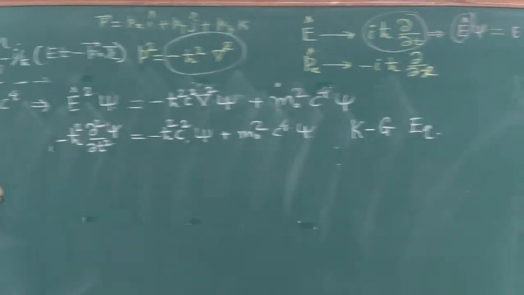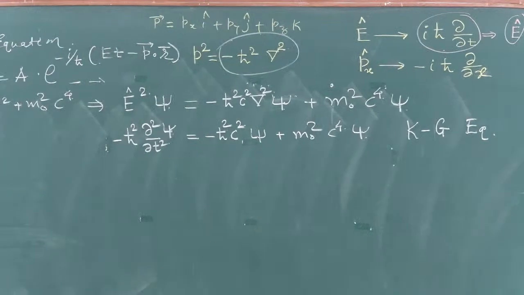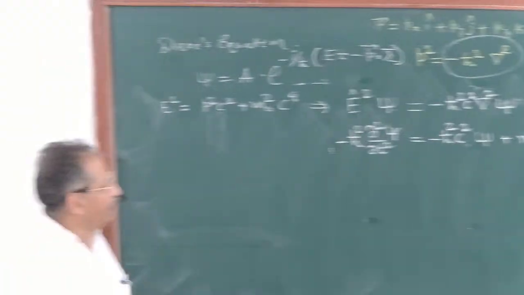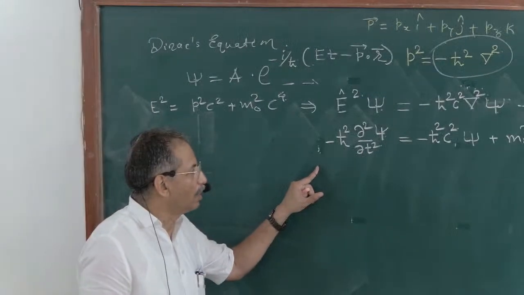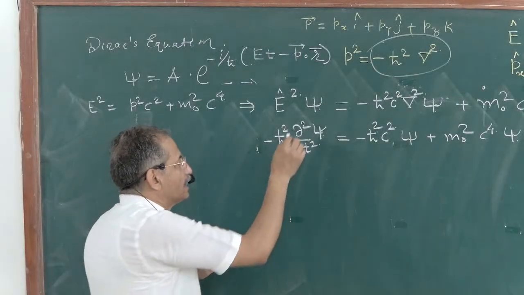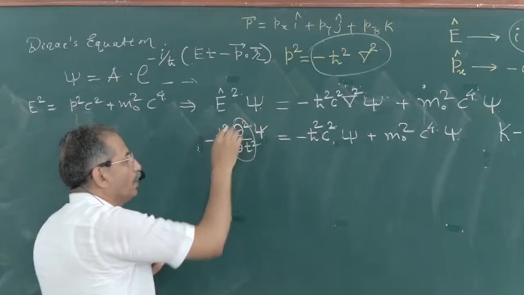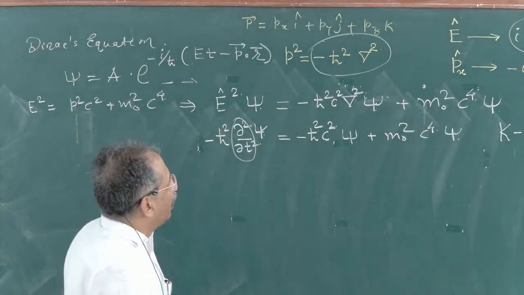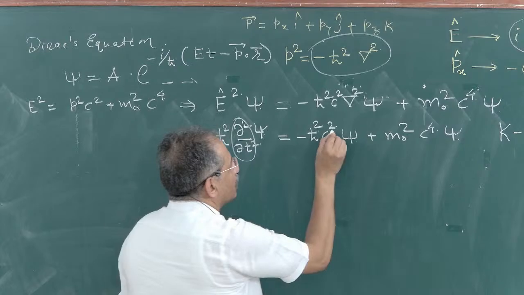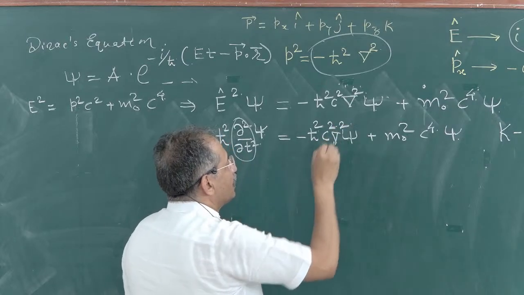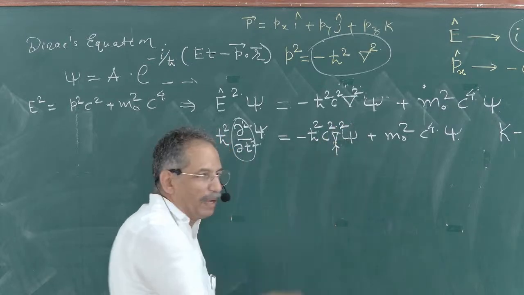Now, Dirac was not very much convinced by this equation because here we are having second order time derivative. And I am writing this del square operator here, so this is second order space derivative.